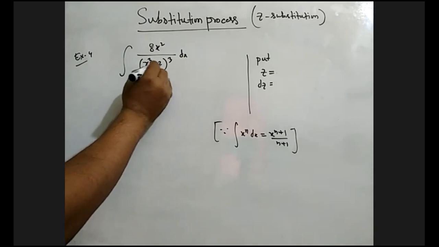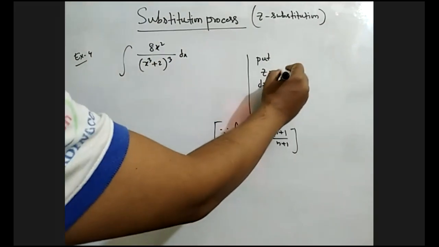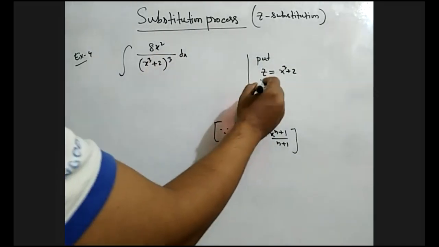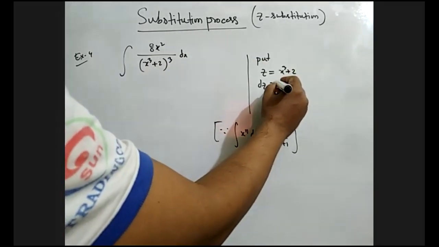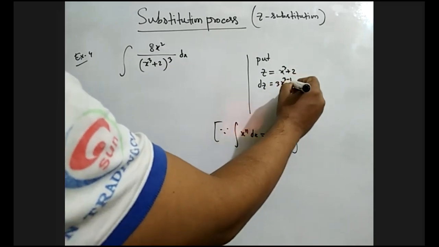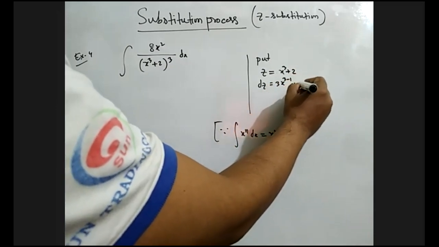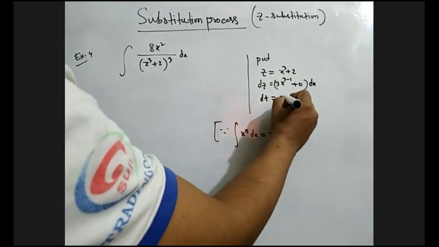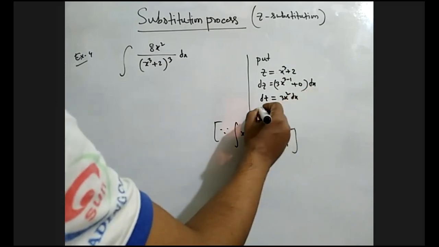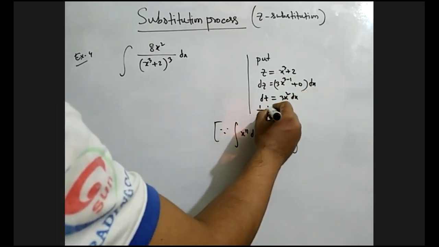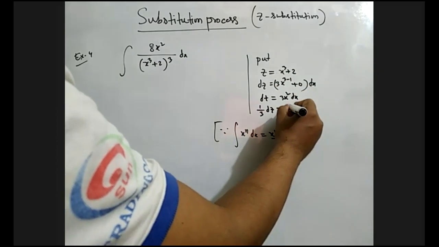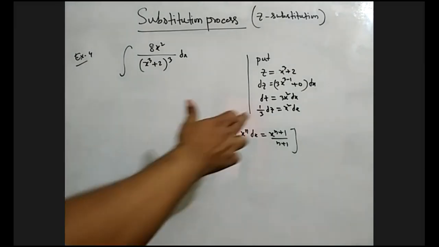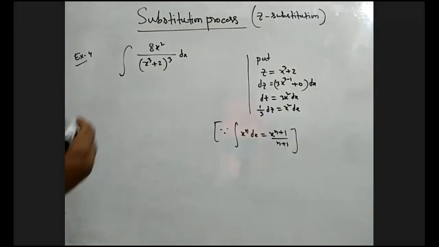Here you have to take x cube plus 2 equals z. Then after differentiating, we get 3 into x to the power 3 minus 1 plus 0 dx. So dz equals 3x square dx. Dividing by 3 on both sides, 1 by 3 dz equals x square dx.